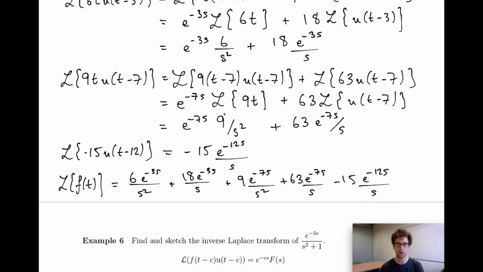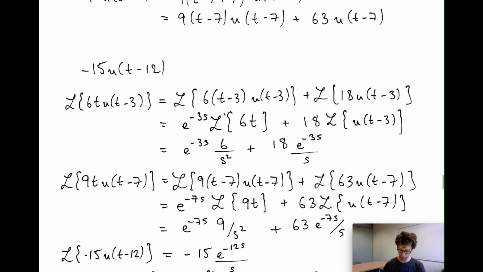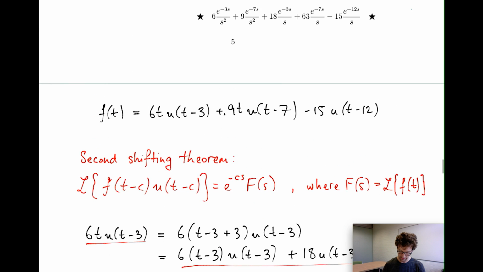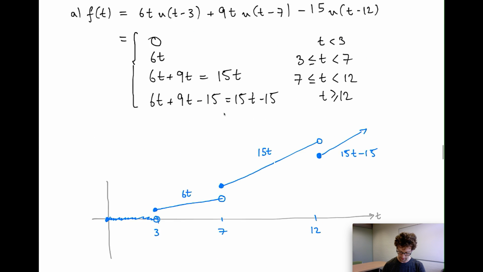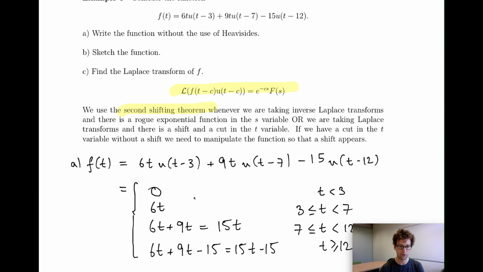Now there is actually another way to approach this problem. I won't go through it, but I will show you how you can do it. Let's take a look at our function again. You notice that our function is written as 6t times a function, t times a function.